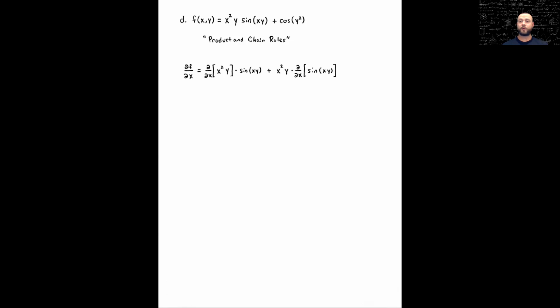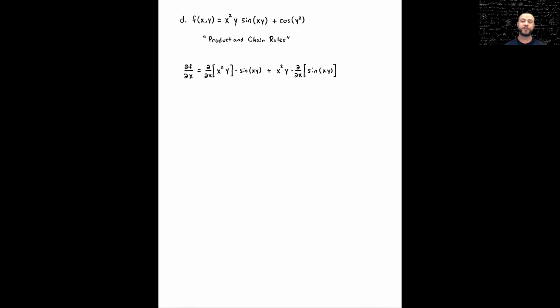We just have to be careful with how we view this to start. Notice that first term, x squared y times sine of xy. We have a function of x and y out front of the sine function, and then the sine contains x and y.